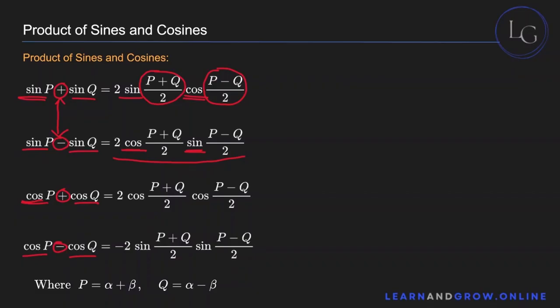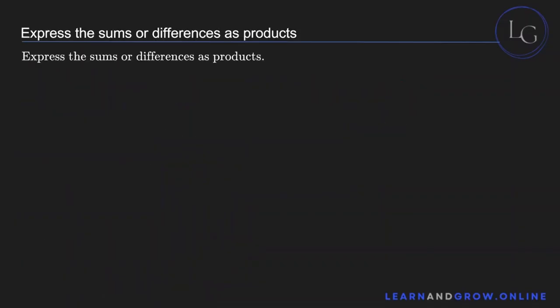So again, if you need to relate this back to the sums and differences of sine and cosine and how they're converted into the products, you just remember that p over here is alpha plus beta and q is alpha minus beta, and you'll easily be able to understand why we get this, right? But again, all of these are related by the fundamental theorem, right? So here's the question.